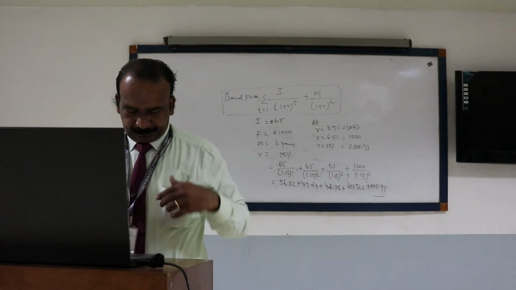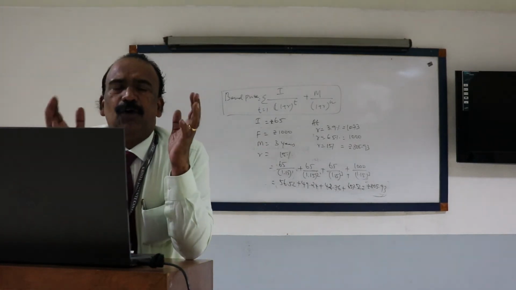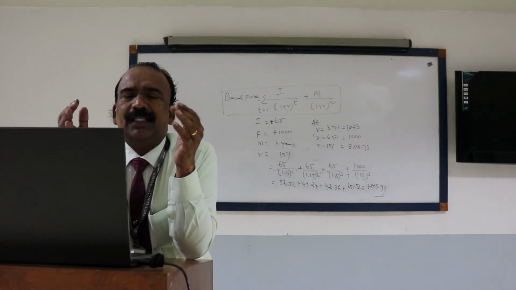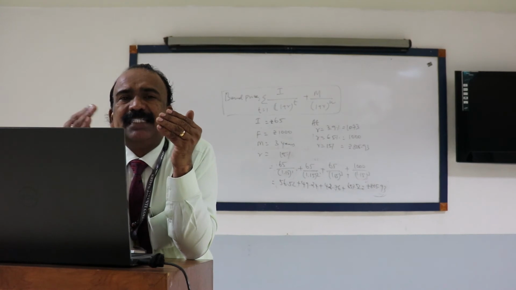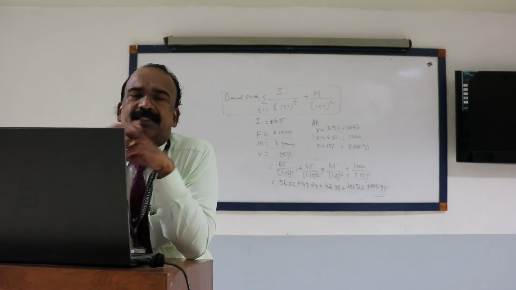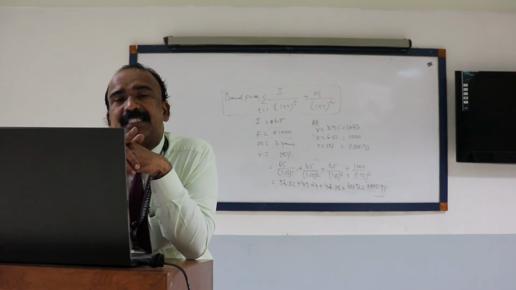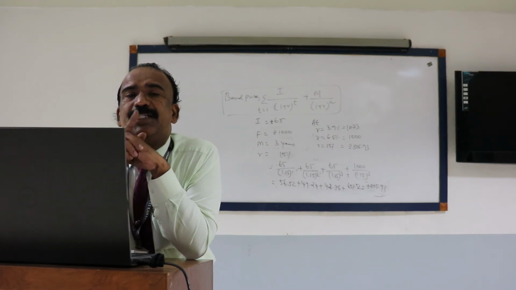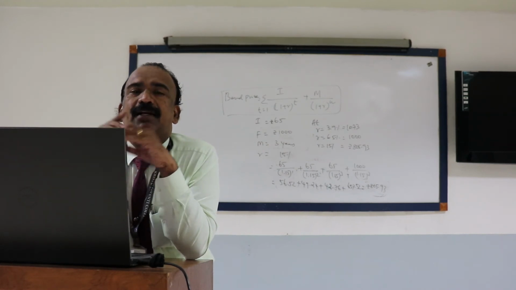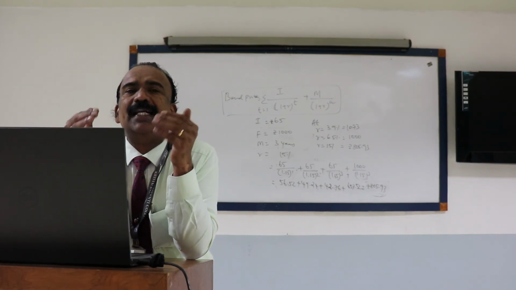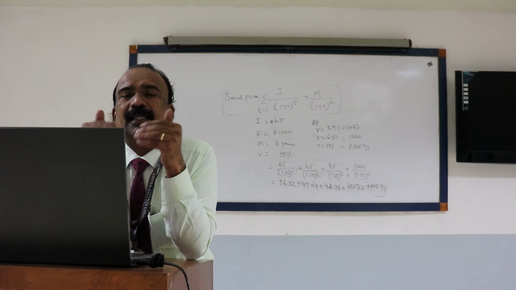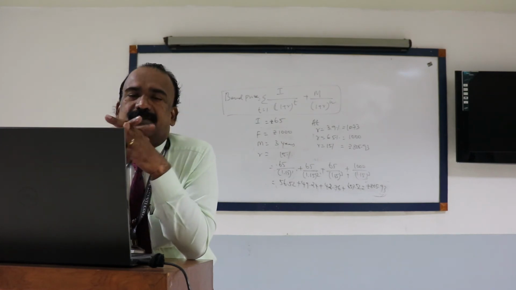So look at that. When the rate increases, the present value of the cash inflow decreases. The rate I meant is the required rate of return. When the required rate of return decreases, the present value of cash inflow increases.